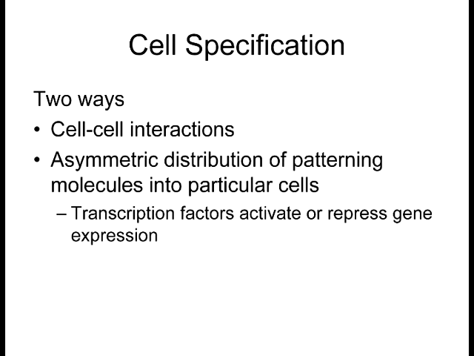And then the second way is mostly syncytial and autonomous specification, where you have an asymmetrical distribution, meaning it's not equivalent throughout the cytoplasm, of either RNA or proteins or both. So you have transcription factors, which are the proteins that activate a lot of the genomics, some which will repress various genes, and we're going to talk about those today.